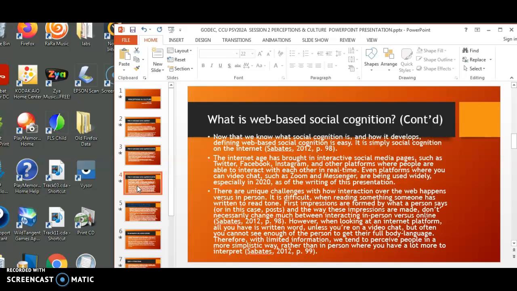We just do it in a more simplistic way. So we just don't have as much information as we get when we're reading somebody who is looking at us and they have a facial expression or they say something to you and now they can't delete it and change what they wanted to say to you.